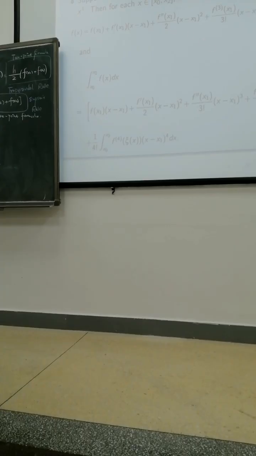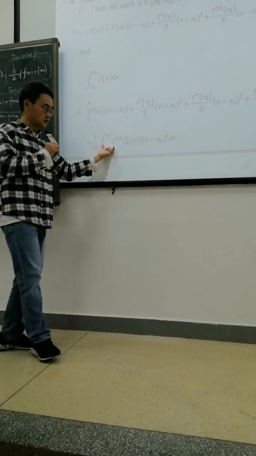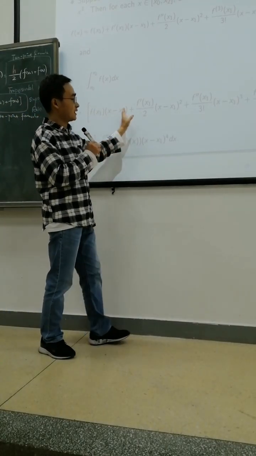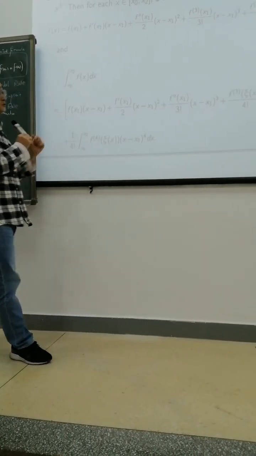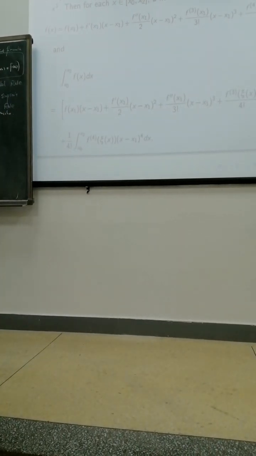The first one is these 4 parts. The last one is the last part. This part is the residue term. These 4 terms are the useful terms we may use. And we do rearrangement of this part.